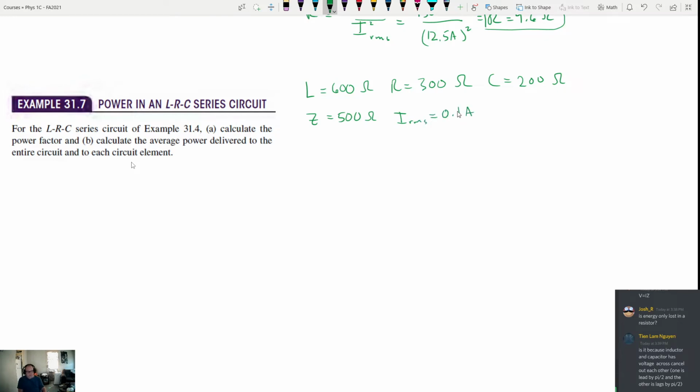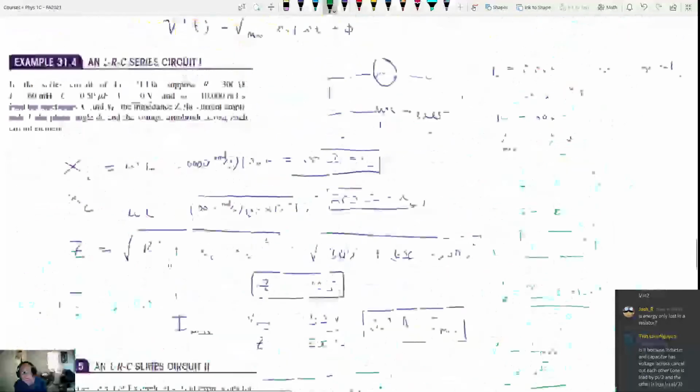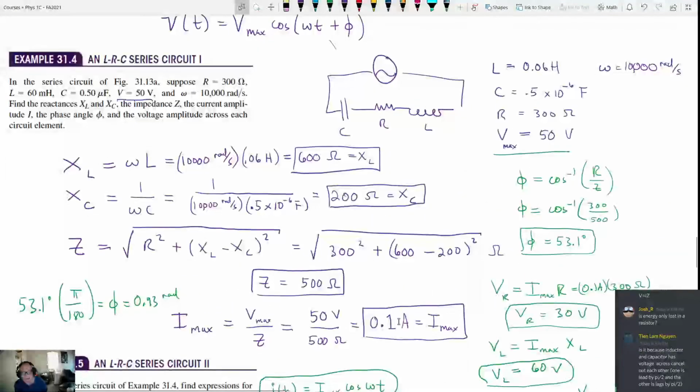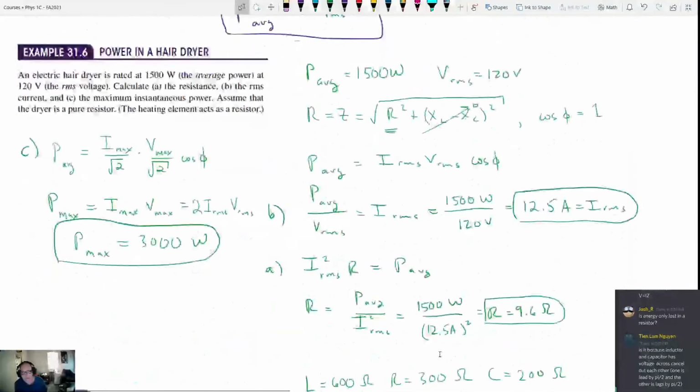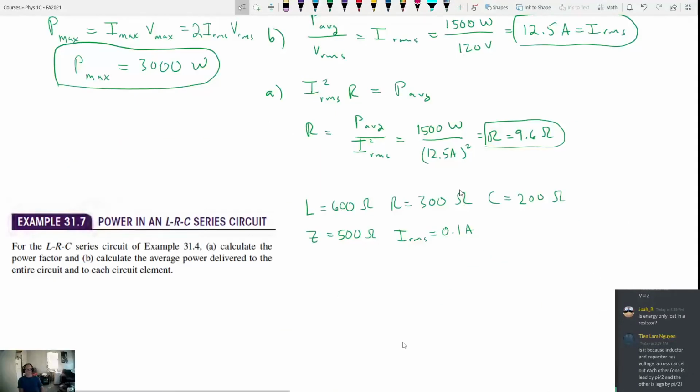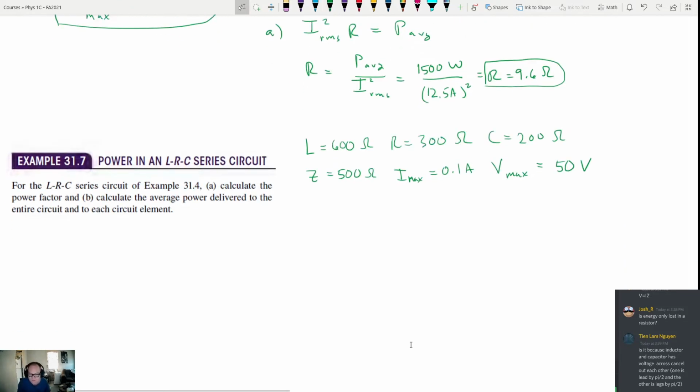I think it was IMAX, actually. Let's see. Here we go. Yeah, IMAX is 0.1, and Vmax was 50 volts. I hope that's enough information to solve this one.